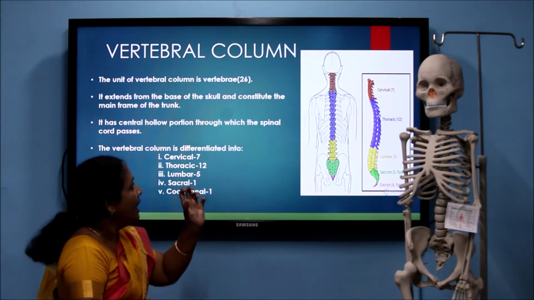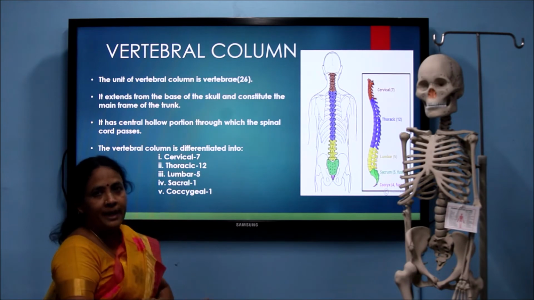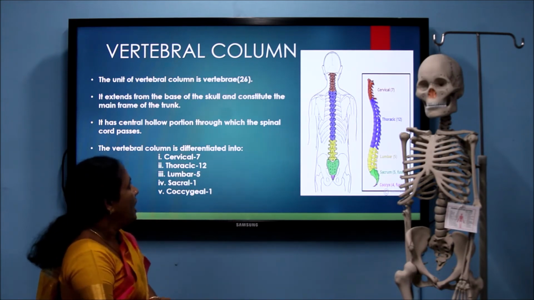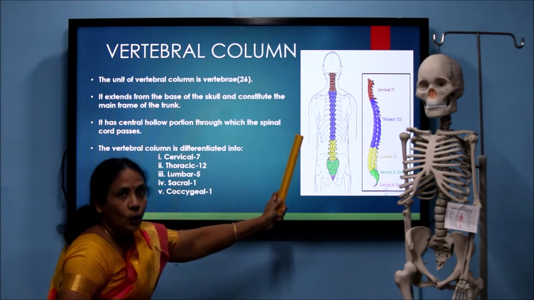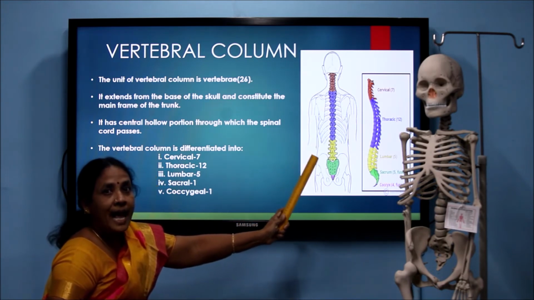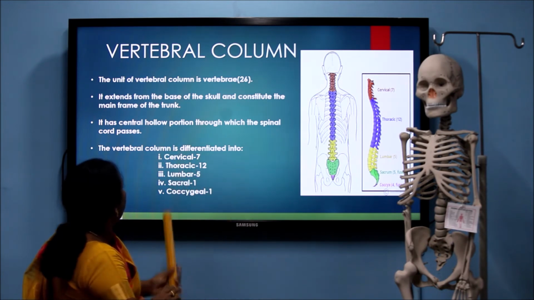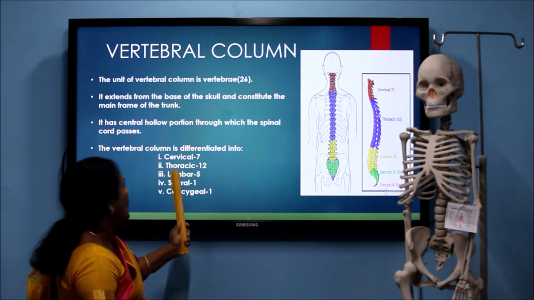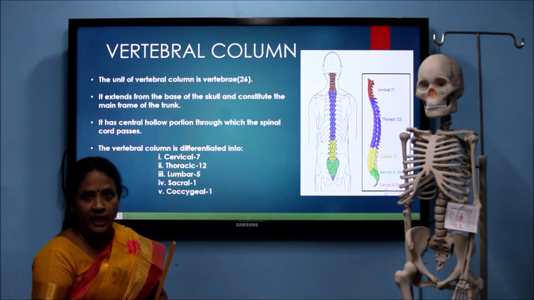It is hollow and covers the spinal cord inside it. According to their location, these vertebrae are classified into cervical, thoracic, lumbar, sacral and coccygeal.